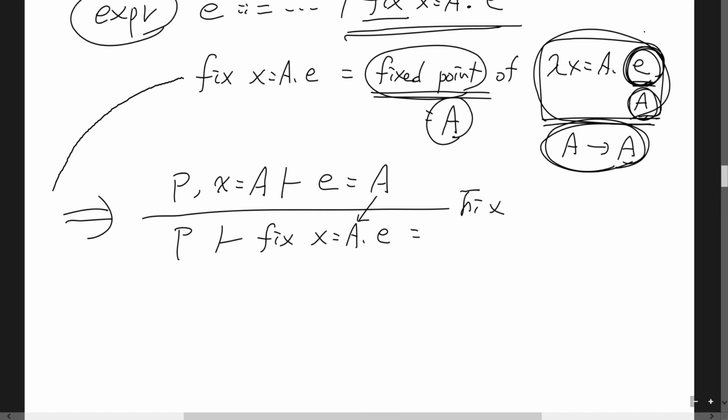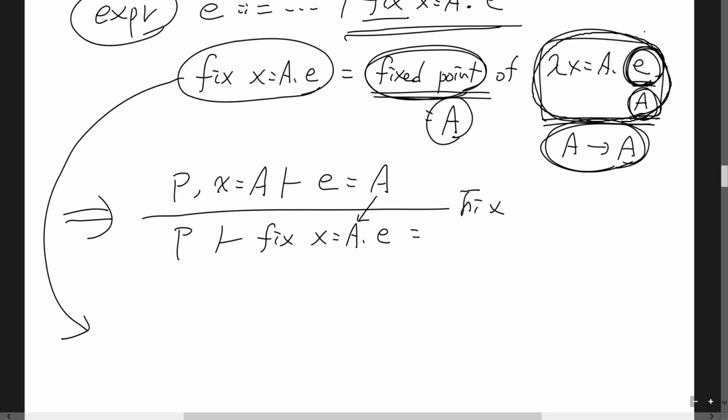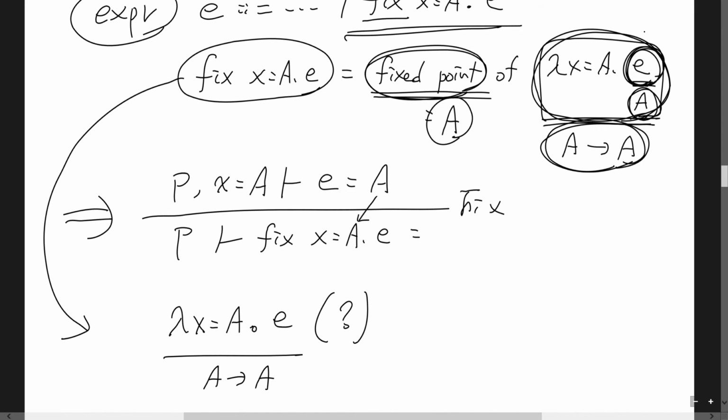So let's further analyze this informal definition of the fixed point for this lambda abstraction. This fixed point construct is intended as a fixed point of this lambda abstraction. So we have this lambda abstraction of type A arrow A, and suppose that it has its fixed point. Let's assume this fixed point.